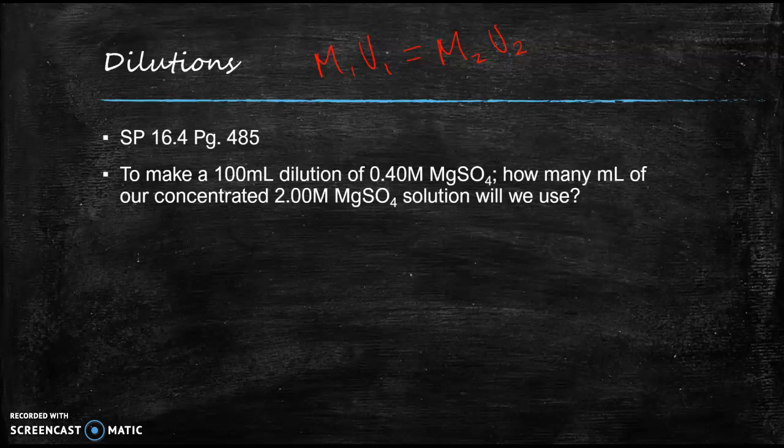Remember, the left side is more concentrated, and the right side is more diluted. Looking at our molarities, we know that this will be going on our left side. So let's go ahead and plug that value in for molarity.